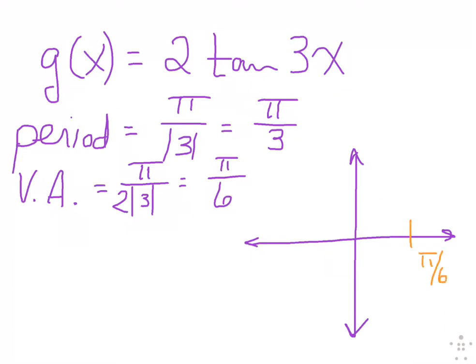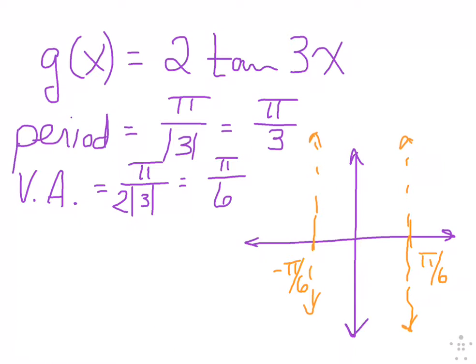As long as it's labeled, everything's good. If I go pi over 6 to the right, I also have to go pi over 6 to the left. So that's going to be a negative pi over 6. And to set up boundaries, I'm going to make dashed lines going up and dashed lines going down. Is everybody okay with how I got those two things? We okay with that?